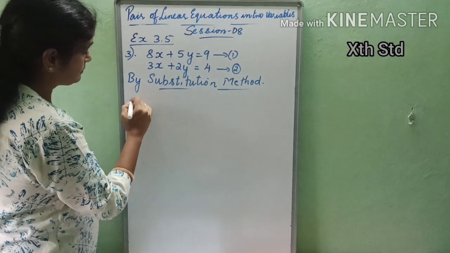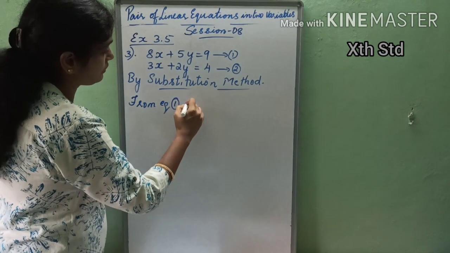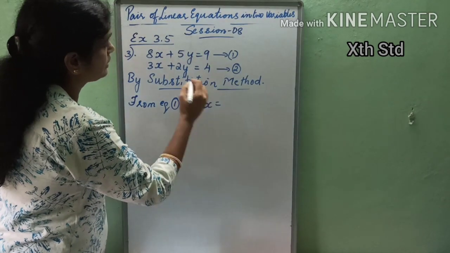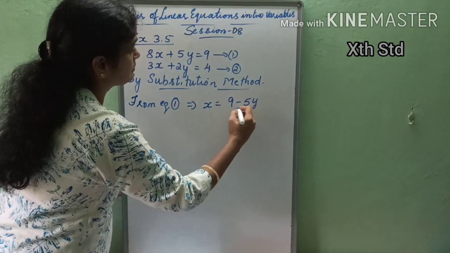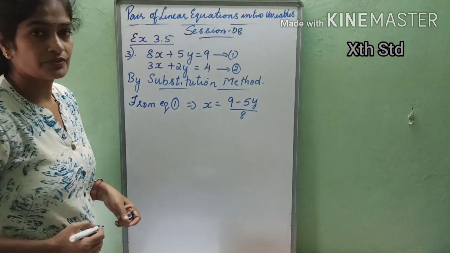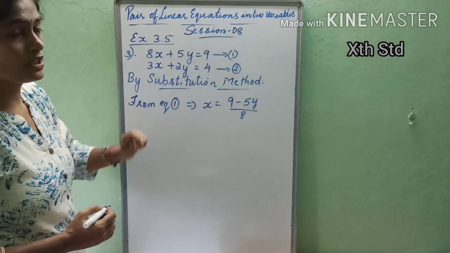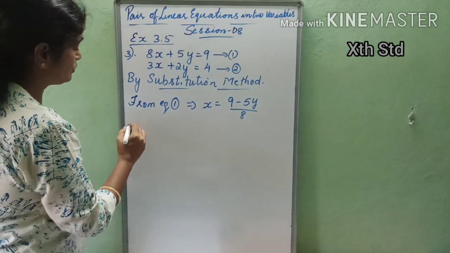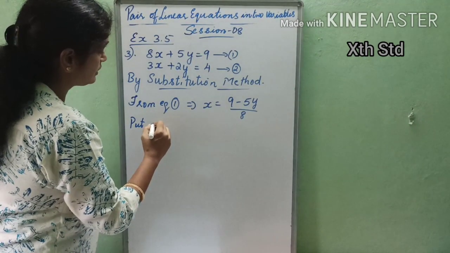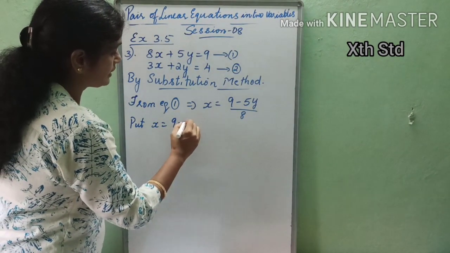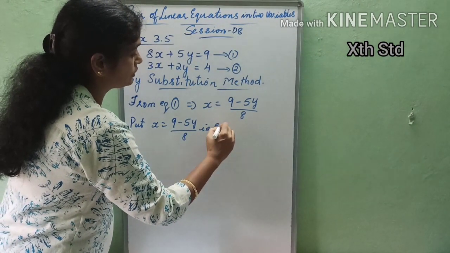From equation 1, what is x equal to? x is equal to (9 minus 5y) by 8. Correct? This value of x, we will substitute in equation 2. Put x equal to (9 minus 5y) by 8 in equation 2.